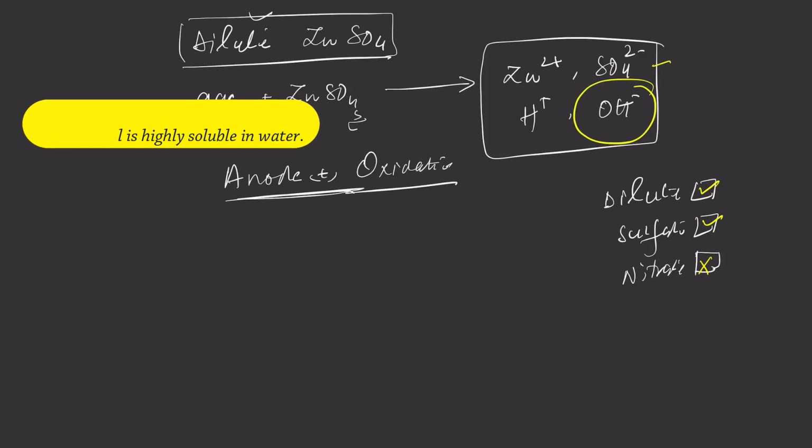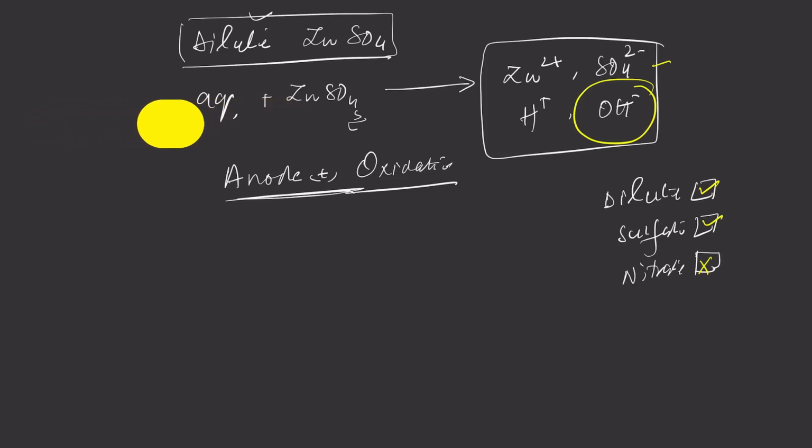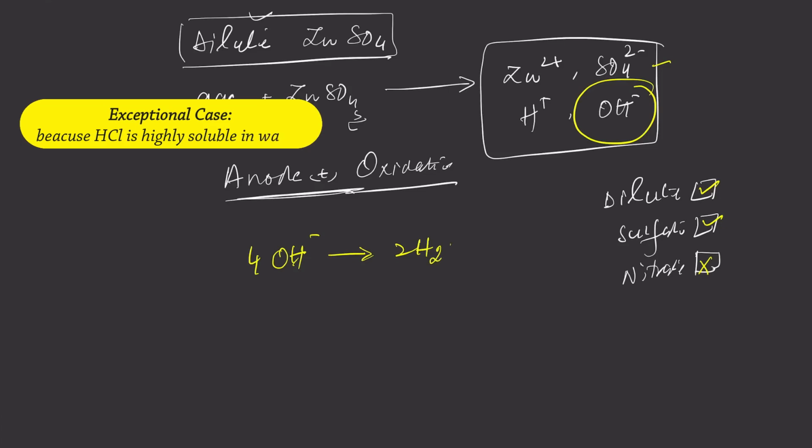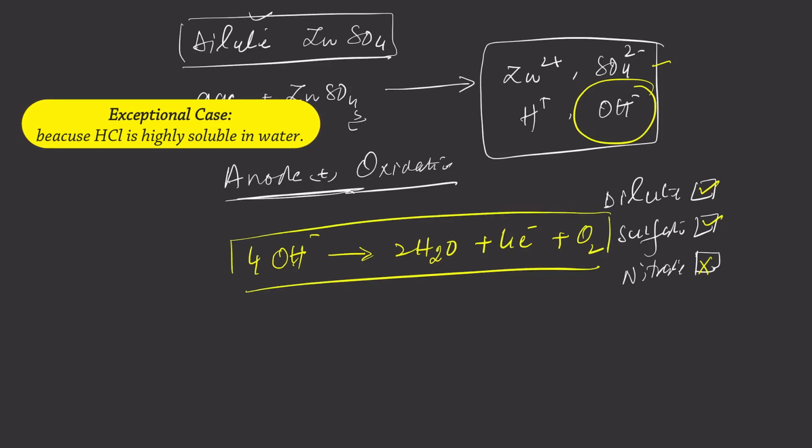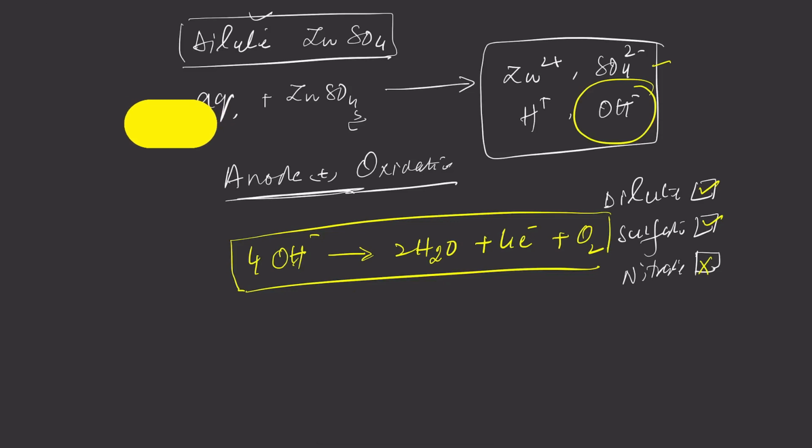So at anode, the winner will be OH- ion, hydroxide ion, and the equation will be 4 OH- goes to 2 mole of H2O plus 4 mole of electron plus 1 mole of oxygen. This is the appropriate main equation of the reaction that is happening at anode.